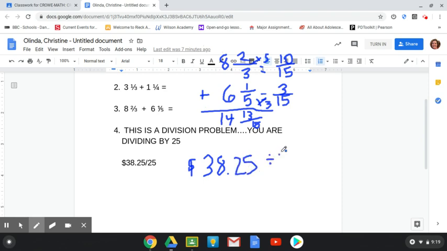The first thing I need to do is make this a fraction. So I know 38 is my whole number, and I could make this 25 over 100 because 25 is in the 100th place. But that's an awful big fraction.